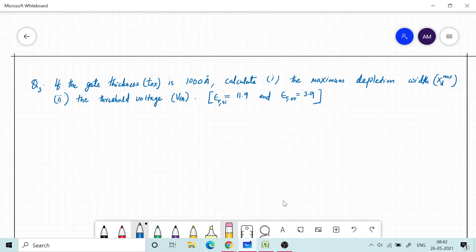So the question is, first of all, find out the depletion width, and that is the maximum depletion width.